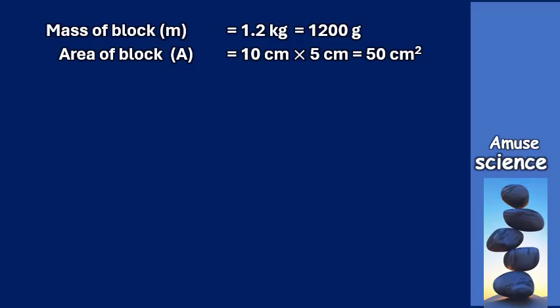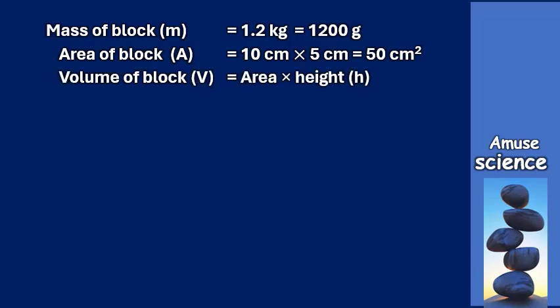Now that we know the mass of the block and we know the density, what is left for us is to calculate the volume, and from the volume we are going to get the height. The volume of the block is the area times the height. The area is 50, and so you are going to get 50h, where h represents the height.